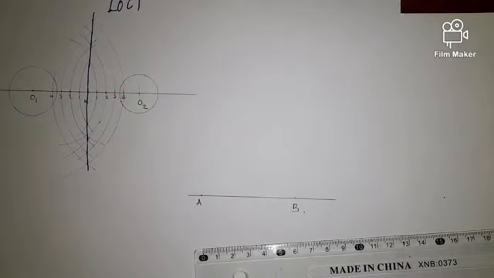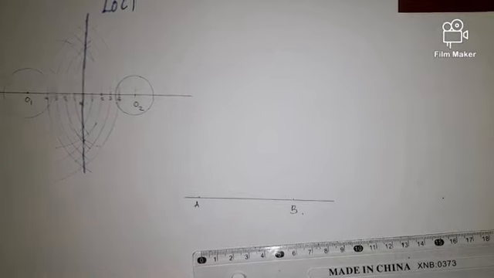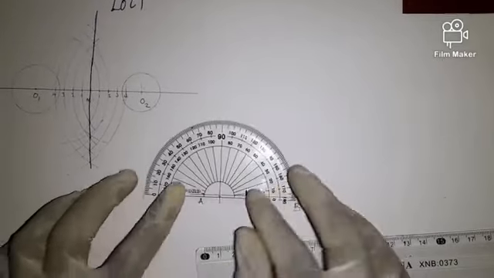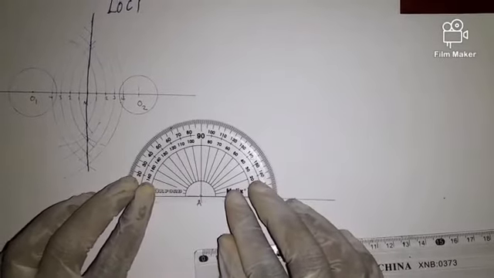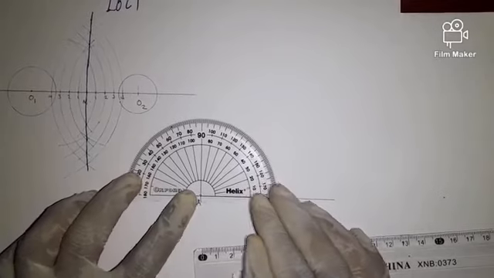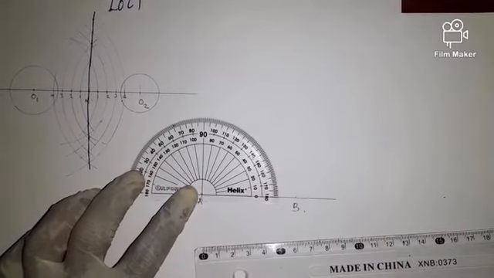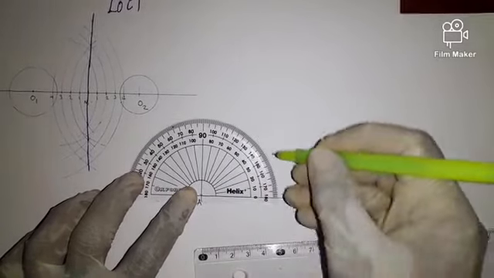And then next, we measure that 45 degrees to get point C from A. So this is that 45.